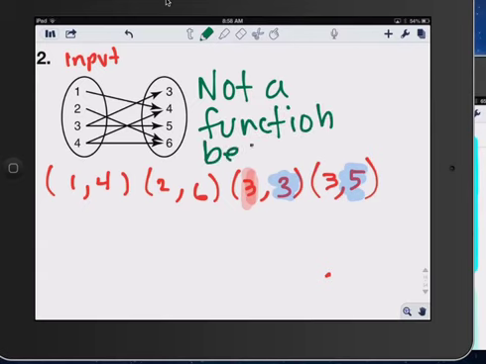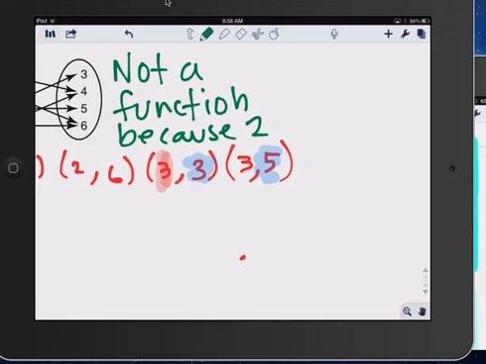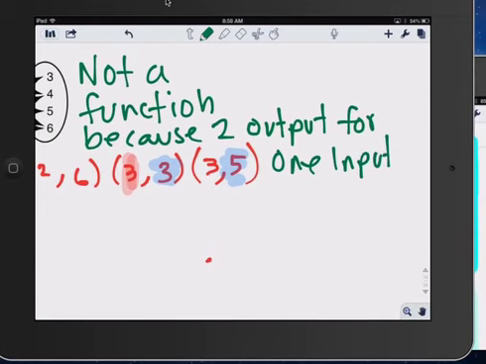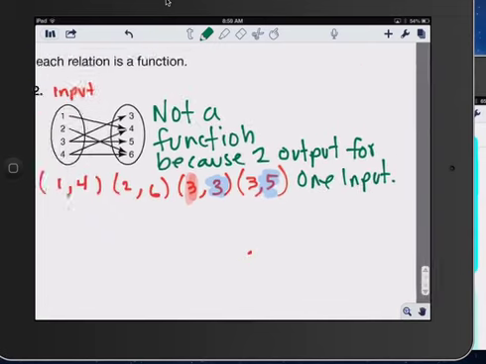Because there's 2 answers, because there's 2 y's for every 1 input. Answer is called what? Output. There's 2 outputs for 1 input. You got that?